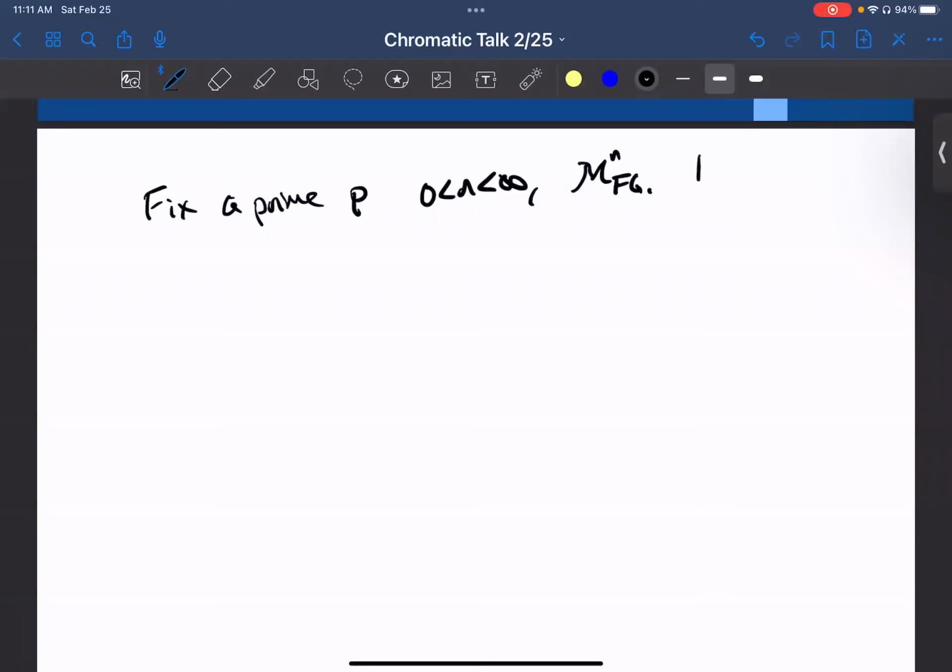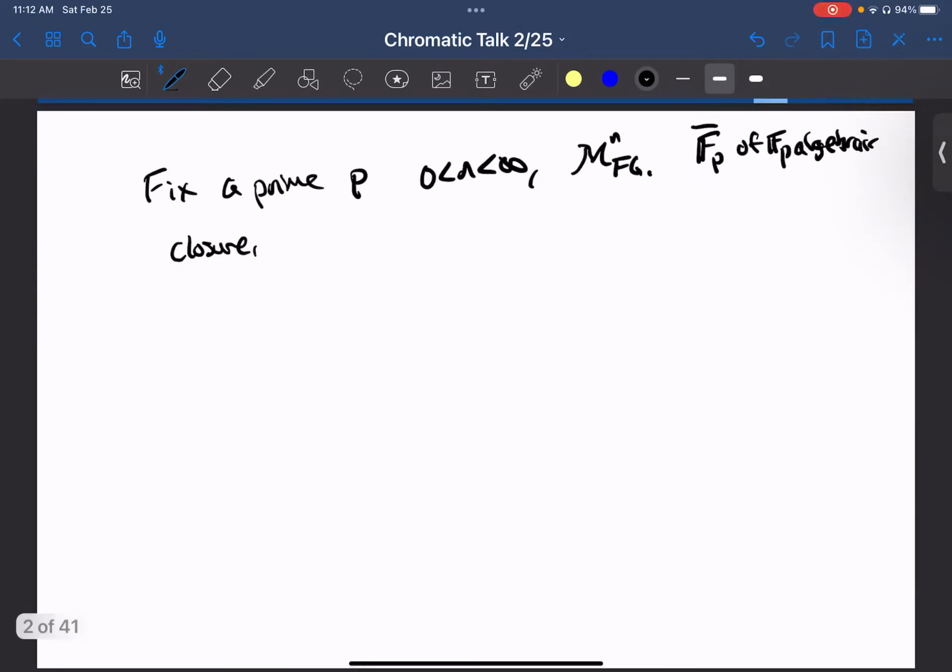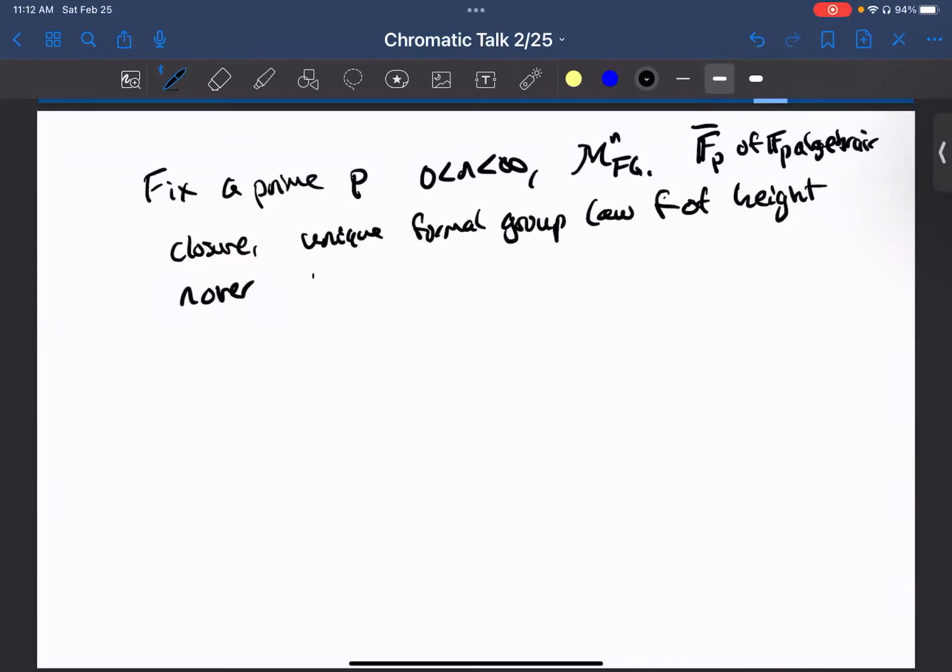So recall that over an algebraic closure of FP, we're going to fix this one once and for all. Then we have a unique up to isomorphism formal group law F of height n over this field.